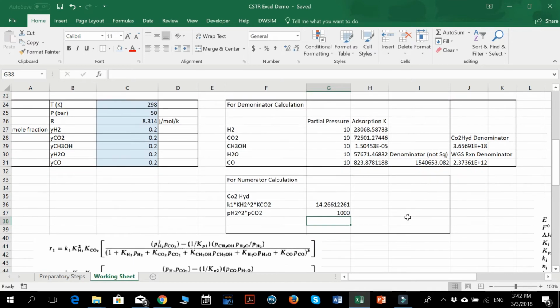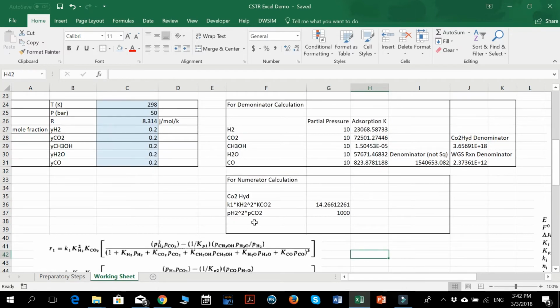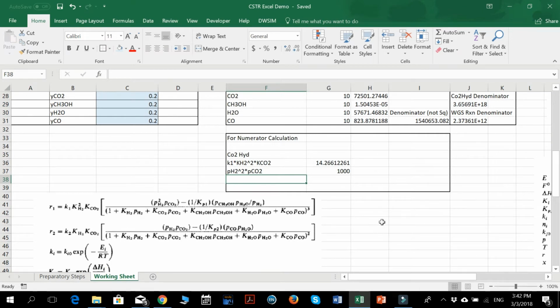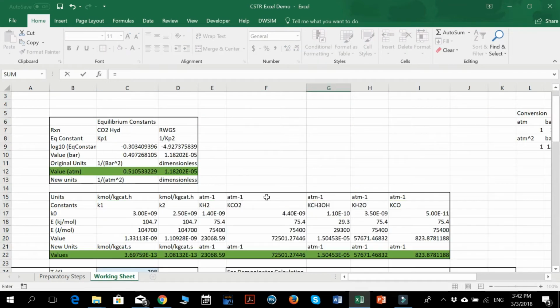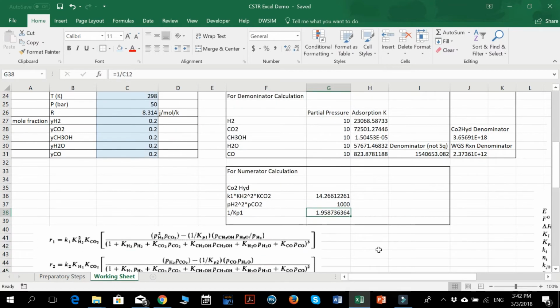I'm not going to drag the cells down like this or anything, because I think it's unnecessary at this juncture. So we need a 1 over Kp1 value, which conveniently we do have here. Oh, this is Kp1, so we need to invert this. So this is what we have.